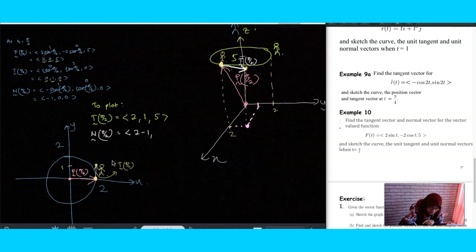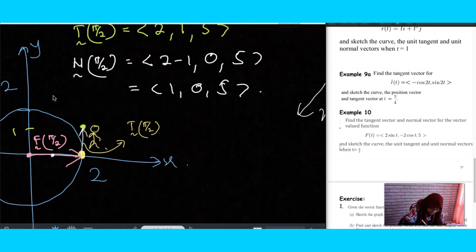So 2 plus negative 1, you have 2 minus 1. 0 plus 0, you got 0. And then 5 plus 0, you got 5. So you get 1, 0, 5. So this is the point.